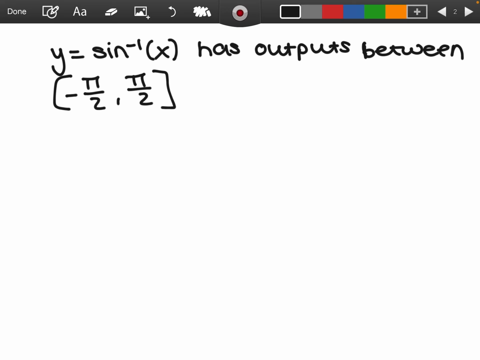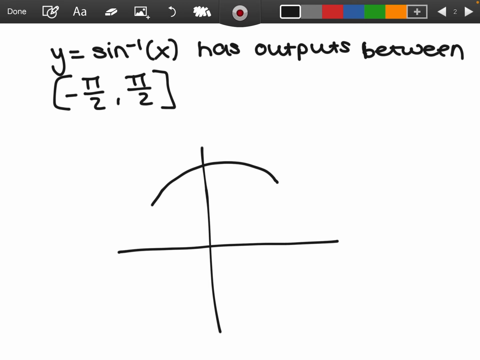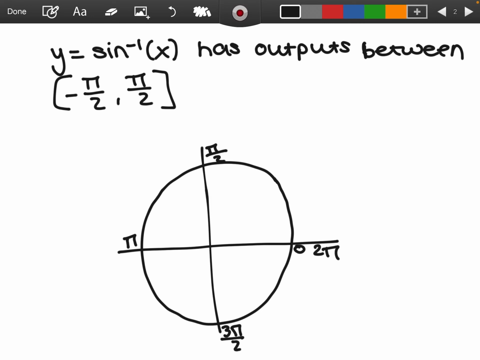That means that if we were to look at our unit circle, the outputs, the results that I get, have to be within quadrants 1 or 4, okay? Because if we look at our unit circle, you can pull up a picture of it, there is 0, there's pi/2, there's pi, 3pi/2, and then you go to coterminal angles, you're back to 2 pi.